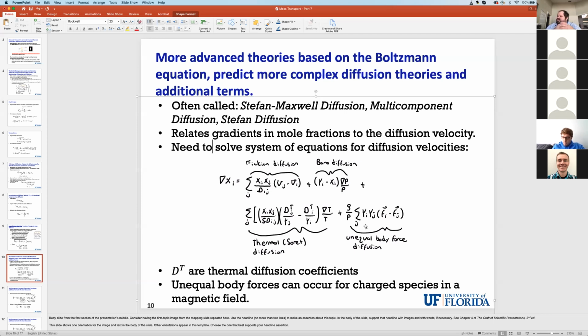So in some extreme applications, you need to worry about this, and that can cause some species to separate from the others. And these D_T here are called the thermal diffusion coefficients. I'm not going to get into how those are computed. Again, that's part of this really complicated theory. So just take this as an expression that was given to you by your friendly local physicist.